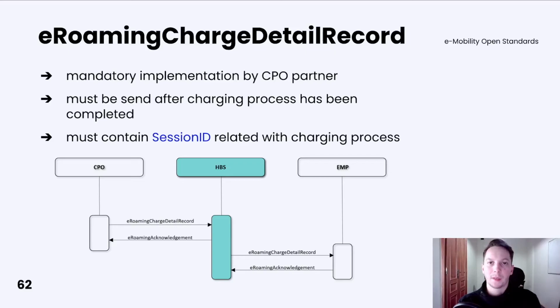Because of that, Hubject created a separate operation in authorization service called eRoamingChargeDetailRecord. This operation is used for sending a CDR from CPO to Hubject platform. Hubject will not only forward a CDR to online EMP, but will also store CDR in its database in case EMP system cannot be addressed at the moment.